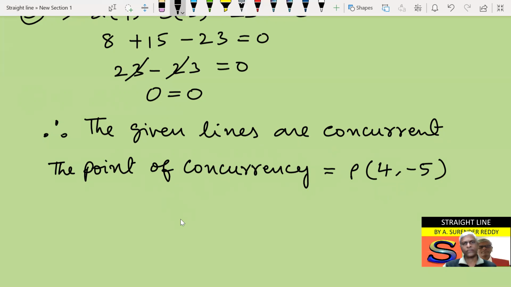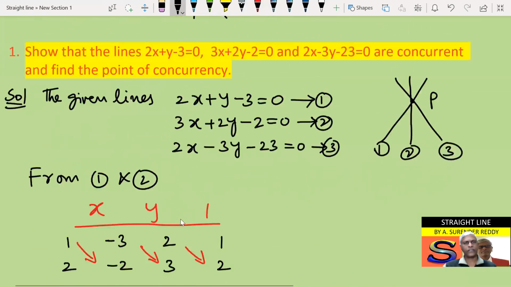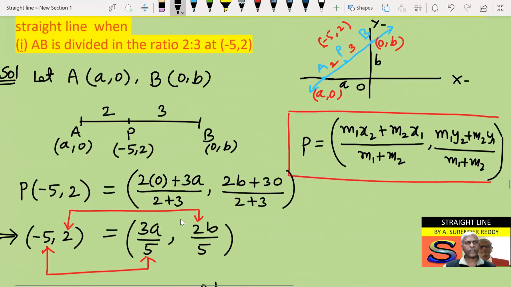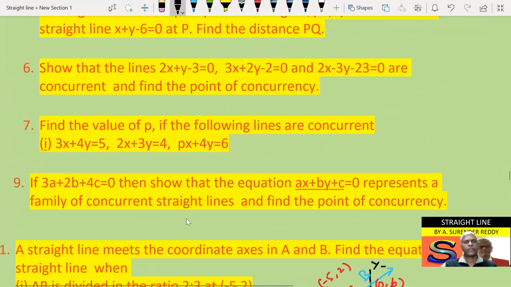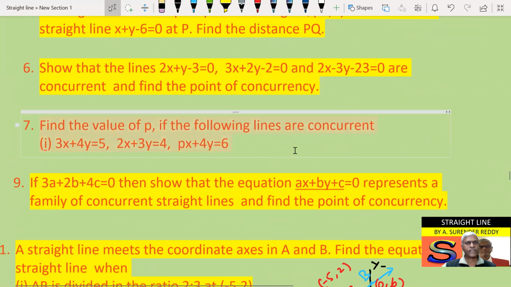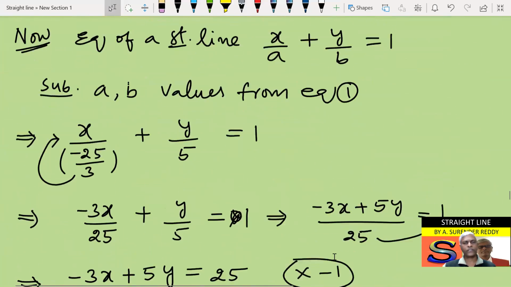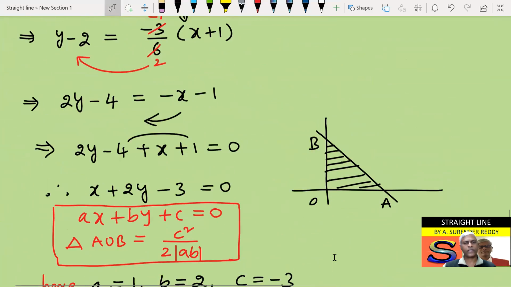Now, let us take up one more. Find the value of p if the following lines are concurrent. Already this type we also did. Solving the first 2 equations, we get the point of concurrency.